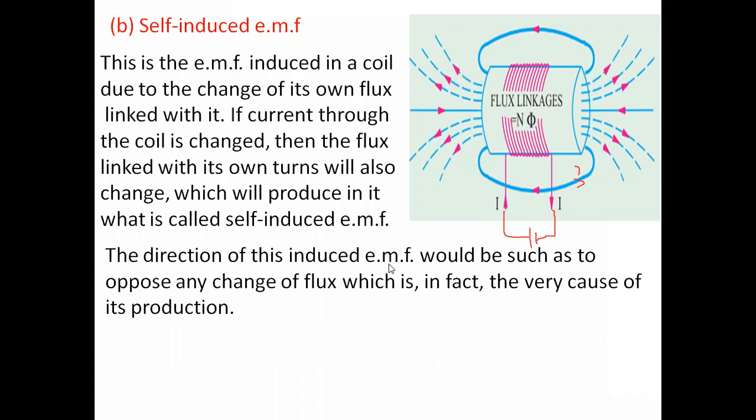The direction of this induced EMF is such as to oppose any change of flux, the very cause of its production. So the induced EMF is opposite to the applied voltage. That is why the net voltage is equal to the applied voltage minus the induced EMF.